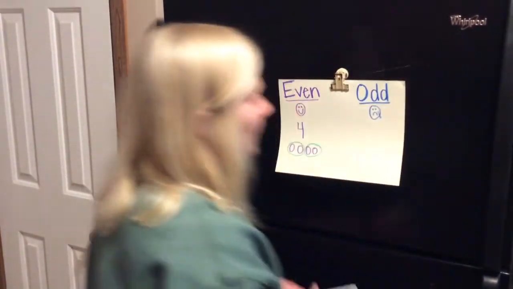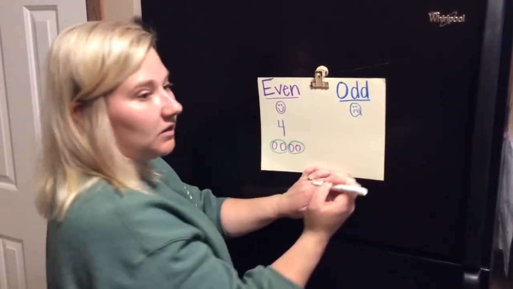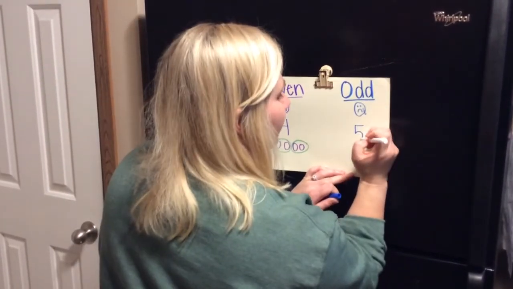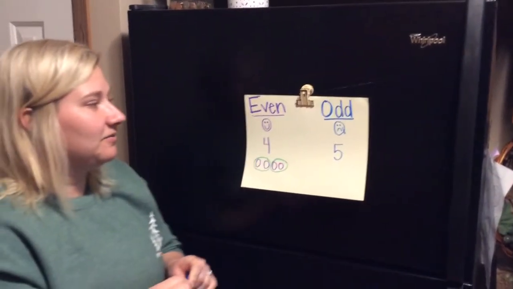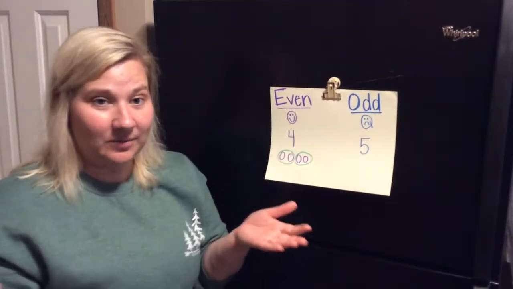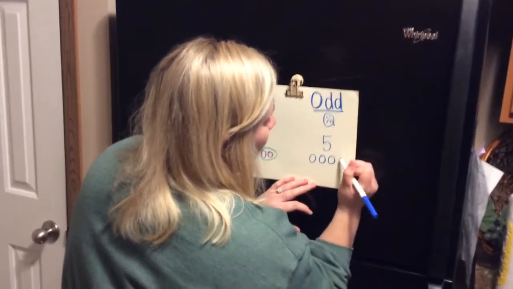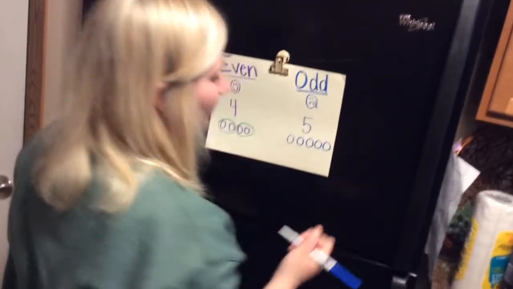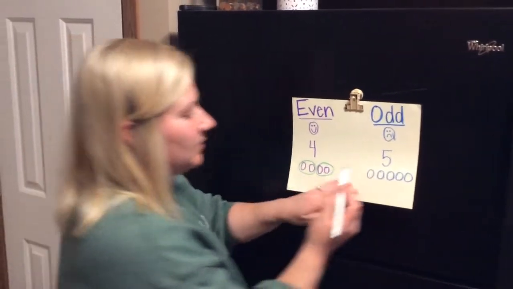If we went over here, let's do the number 5. So in order to see if 5 is an even or odd number, I'm going to draw a picture. Okay? So now I'm going to put them into pairs to see if everyone gets a partner.